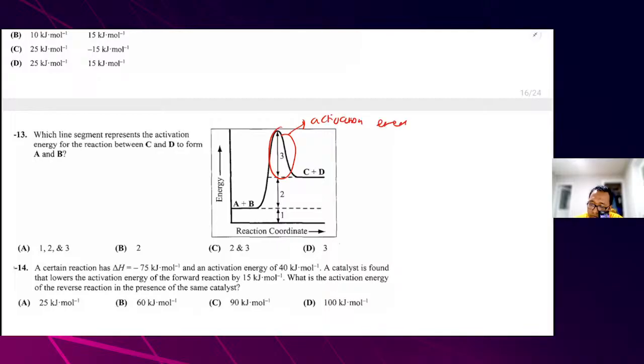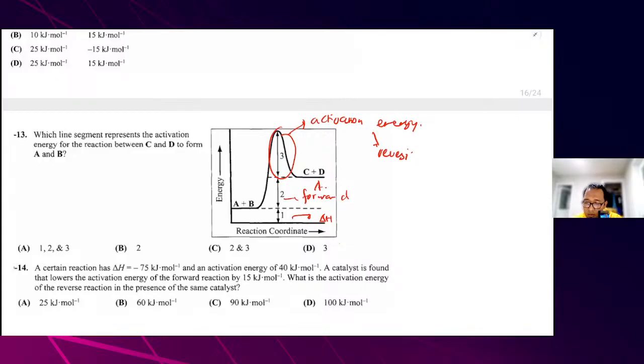Then line 2 is the activation energy for forward, and line 3 is for reverse. And this one is for delta H itself.